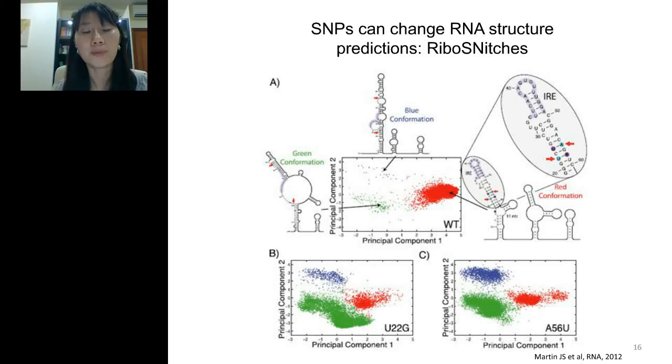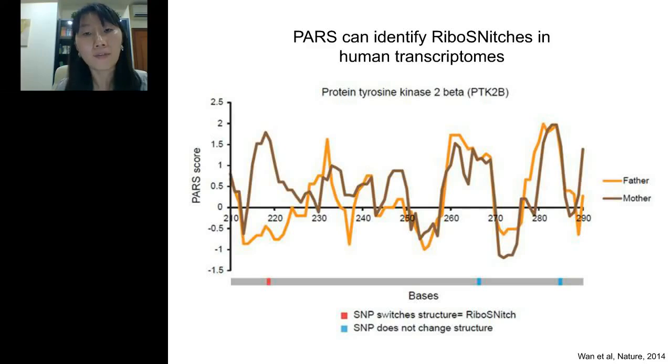So computationally, people have noticed that single nucleotide variation can cause structural changes. Shown here again, a wild type transcript takes on predominantly one RNA structure, and when it undergoes mutations, it takes on different RNA structures; they shift to different ensembles. However, experimentally, people have not been able to do that very well in a global manner.